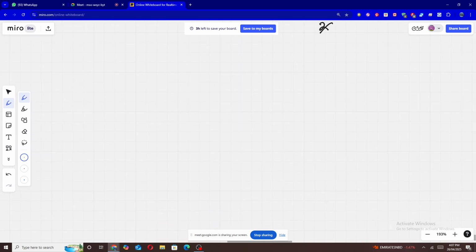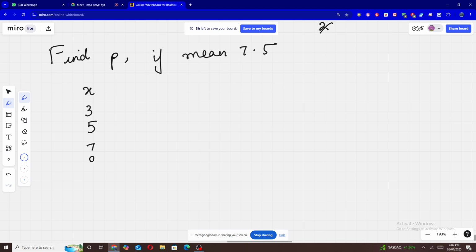Please do this fast. Find P if mean is 7.5. Here x is 3, 5, 7, 9, 11, 13 and Fi is 6, 8, 15, P, 8 and 4.